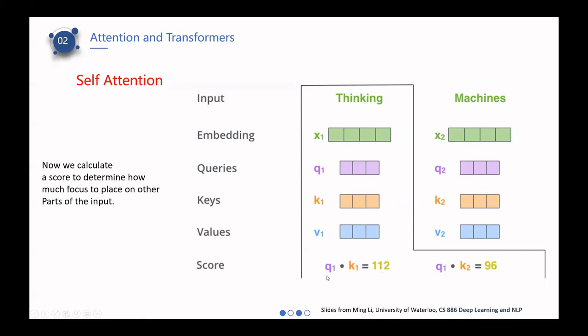As we did before, we multiply Q1 with K1 and Q1 with K2, because we are focusing on this word. As I showed you, this is the correlation, the dot product. Let's say we get these values, 112 and 96, whatever they are. These we call the scores.